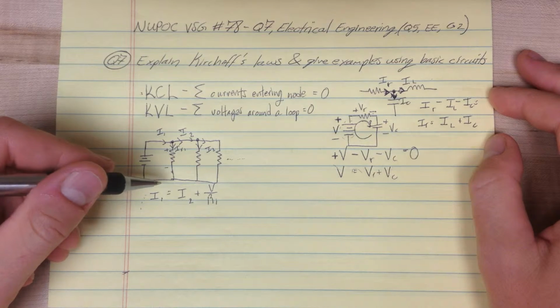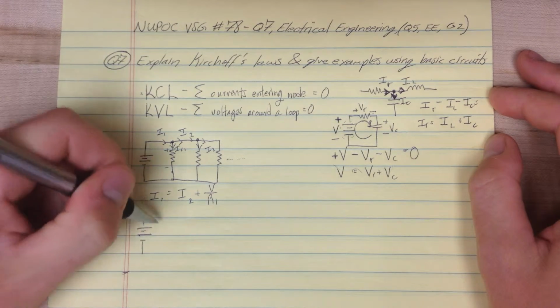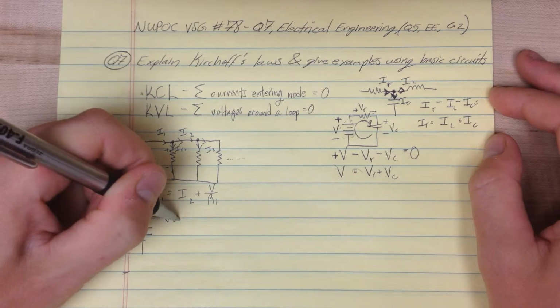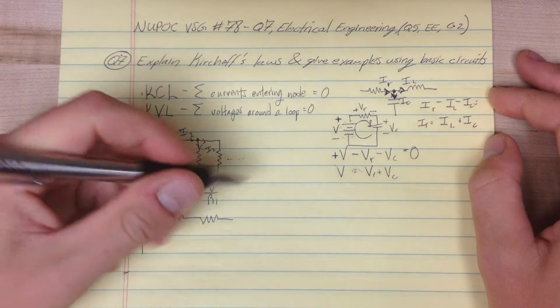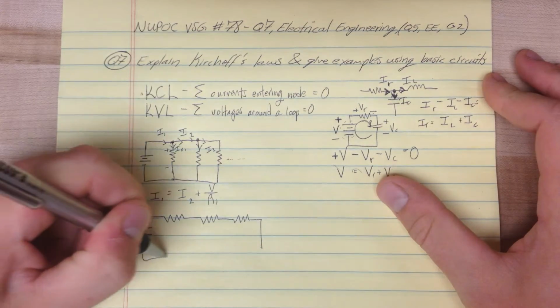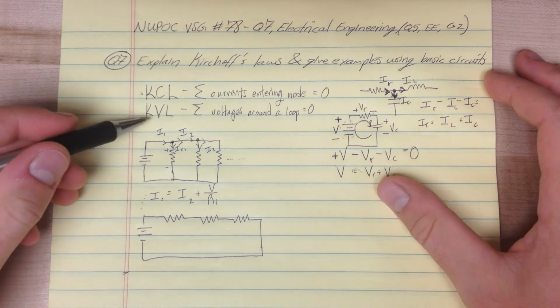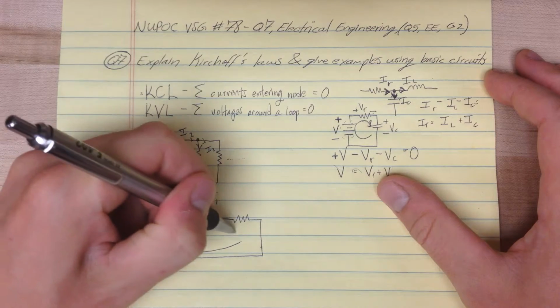And if I have a circuit that has a lot of things in series, maybe even 3 resistors or whatever, it makes more sense to use KVL, or Kirchhoff's voltage law, and write an equation going around this loop.